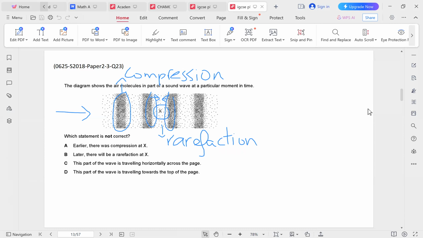So these statements are definitely both correct. This part of the wave is traveling horizontally. This is also correct. This part of the wave is traveling towards the top. This is definitely incorrect. And since we're looking for the incorrect statement, we're going to choose D as our choice.